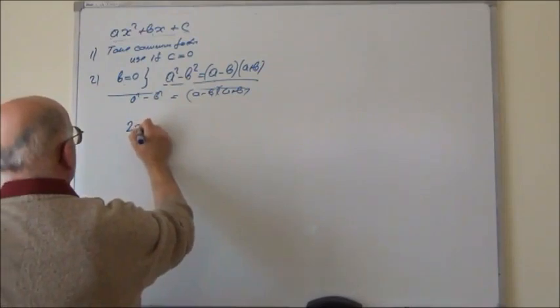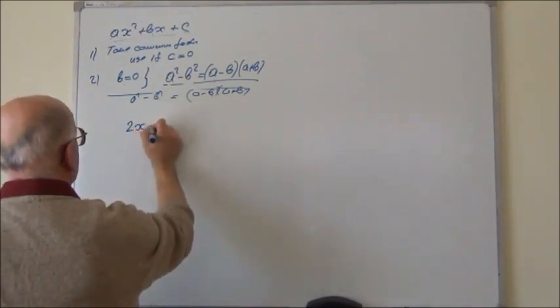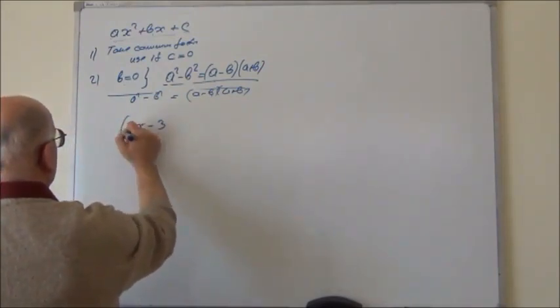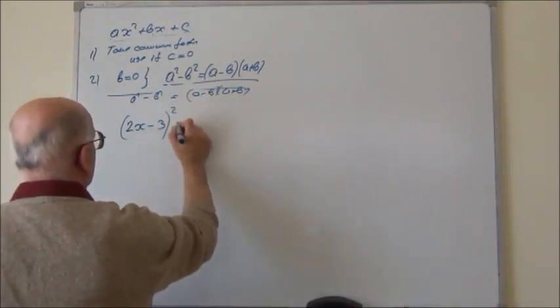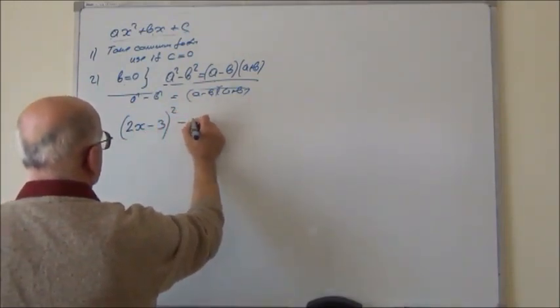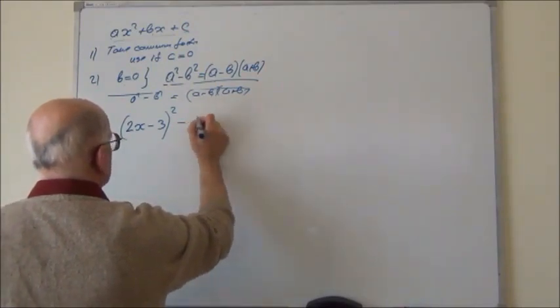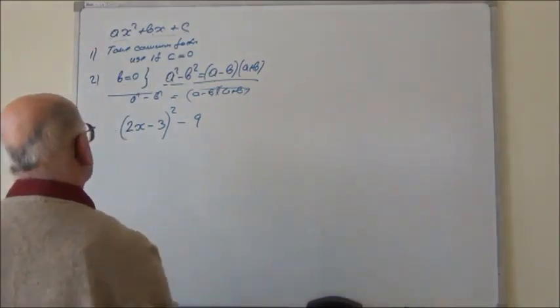Let's say (2x minus 3) to the power 2 minus 9. Okay.